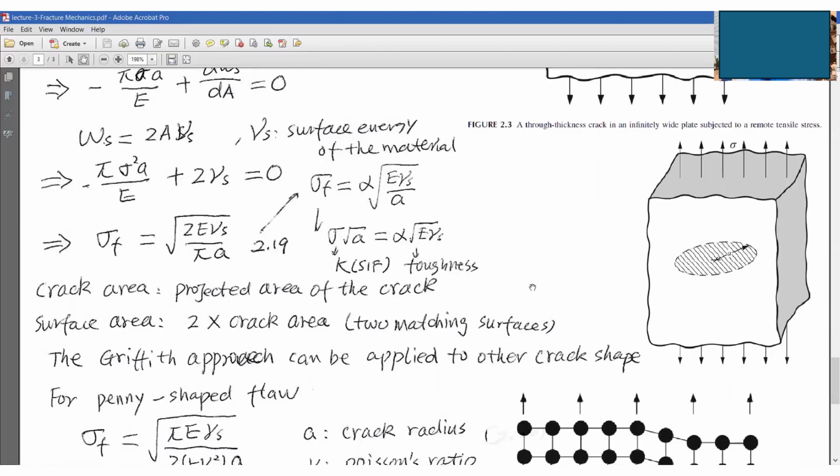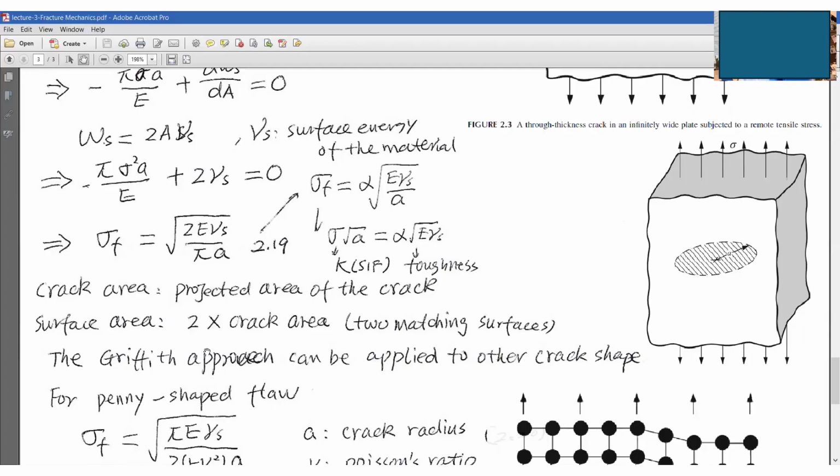So one thing I want to mention is that there's a crack area. This crack area equals the projected area of the crack. So surface area and crack area are different. Surface area is 2 multiplied by crack area. Why? Because any crack will have 2 crack surfaces.